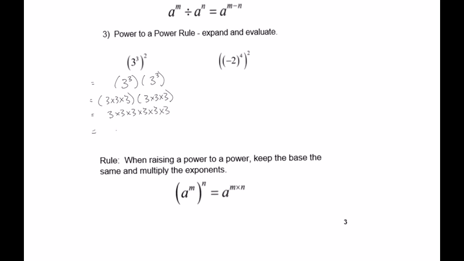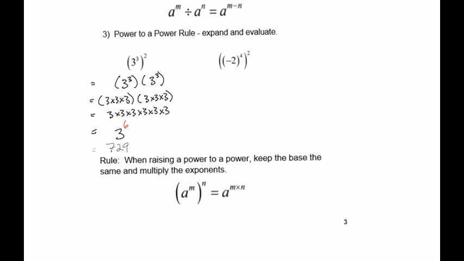And our base is 3, and all we have to do is count the number of bases that we have here, and you'll notice that there are actually 6. So if we calculated this, 3 to the 6 would equal 729 when we punch that in our calculator.